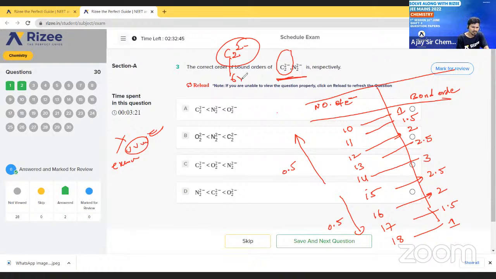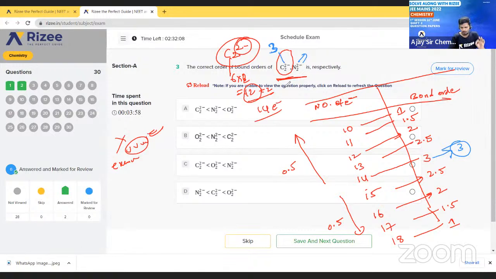So 6 into 2 is how much? 12. But here the carbon has 2 minus, that means it has extra 2 electrons, so we have to add 2 electrons. 12 plus 2 is 14 electrons. If 14 electrons are there, the bond order should be 3. So for this C2 2 minus, the bond order is 3. So let us find for N2 2 minus.